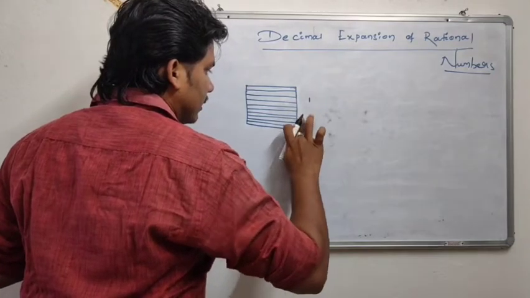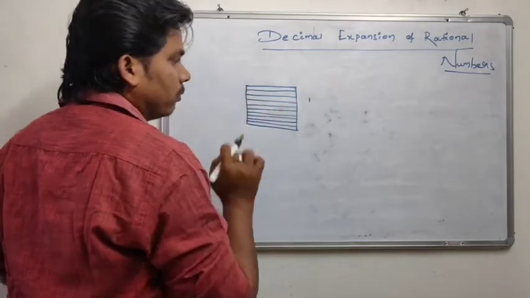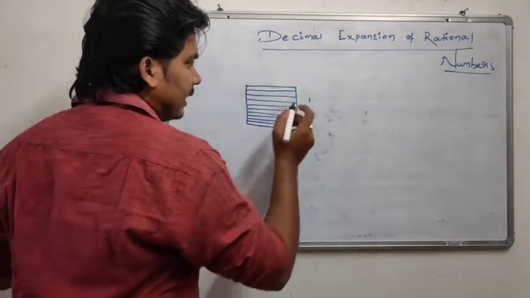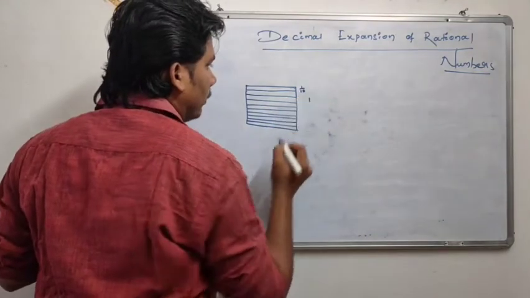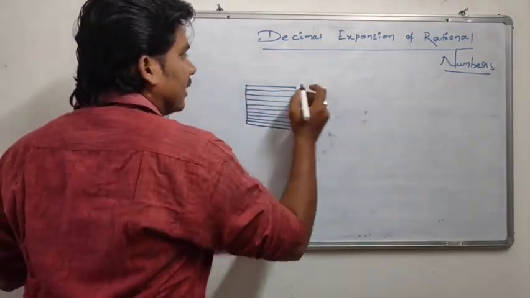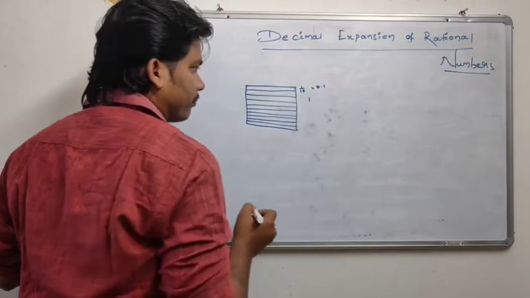Let's think the entire part is divided into 10 equal parts. Each part will be the 1 by 10 part, and this is 0.1.